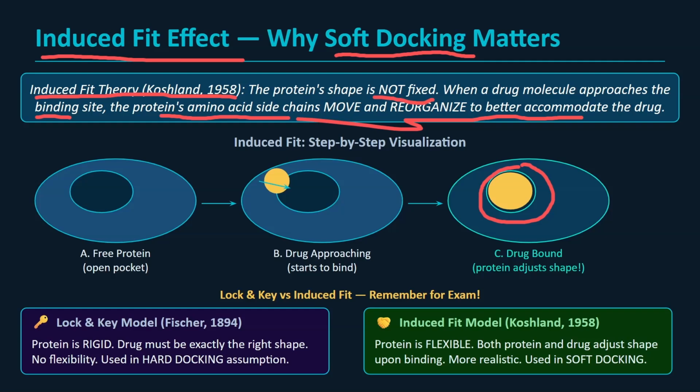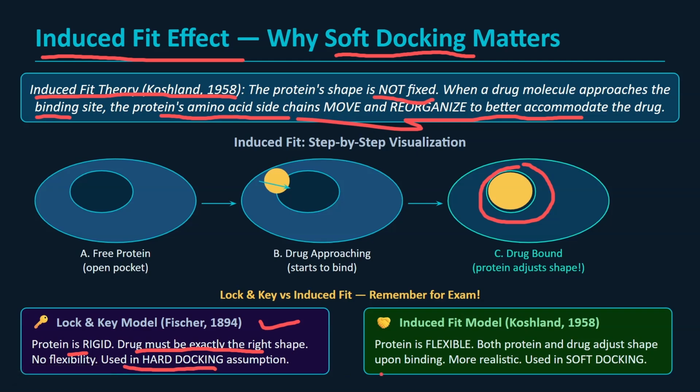Now, compare this with the older lock and key model given by Fischer in 1894. The lock and key model says the protein is rigid, and the drug must be exactly the right shape so that it can fit inside the pocket. So there is no flexibility, and this model is used in hard docking.